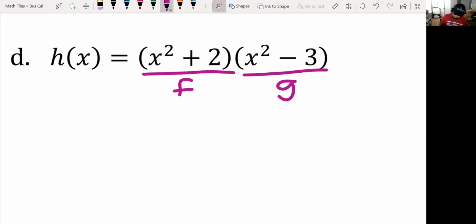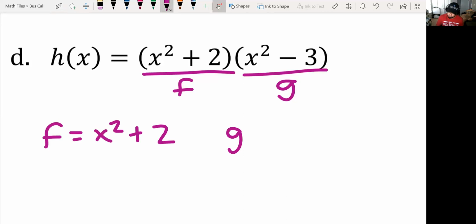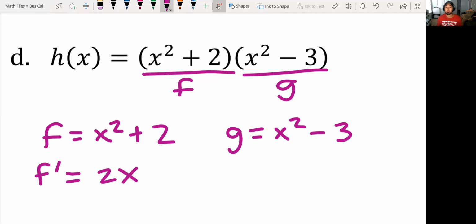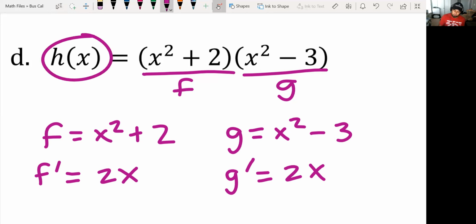F, G. F is x squared plus 2. G is x squared minus 3. Derivative, F prime, 2x. G prime, 2x. We are taking the derivative of h of x.